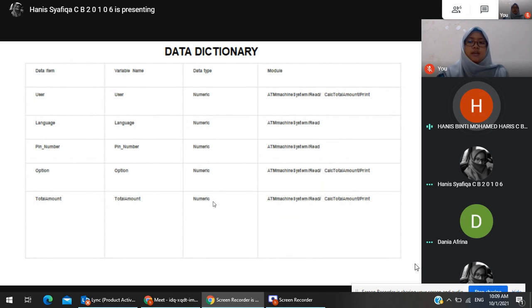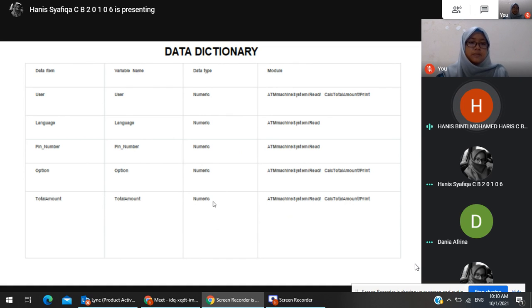Next. Okay, for the data dictionary, the data type and the variable we use are the same, and the data type for all of our data items is the same, which is numerical, but the difference is in the module. The language and the user are used in the ATM machine system, read, calculate total amount, and print module. And for the PIN number, we use it in only the ATM machine system and read module.